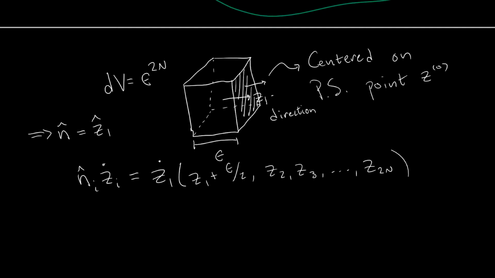Right? So now when I integrate over dS, you can see this is just integrating over all of the directions which are not z1, right? So this is dz1 or dz2, dz3, all the way up to dz2n. And I'm only going to be integrating over this surface. So I'm going to be going from minus epsilon over 2 to epsilon over 2.